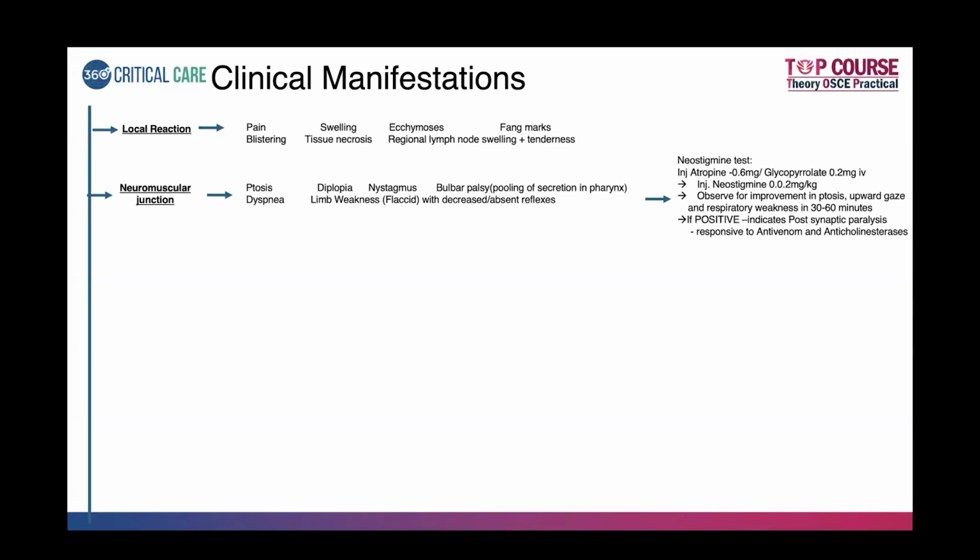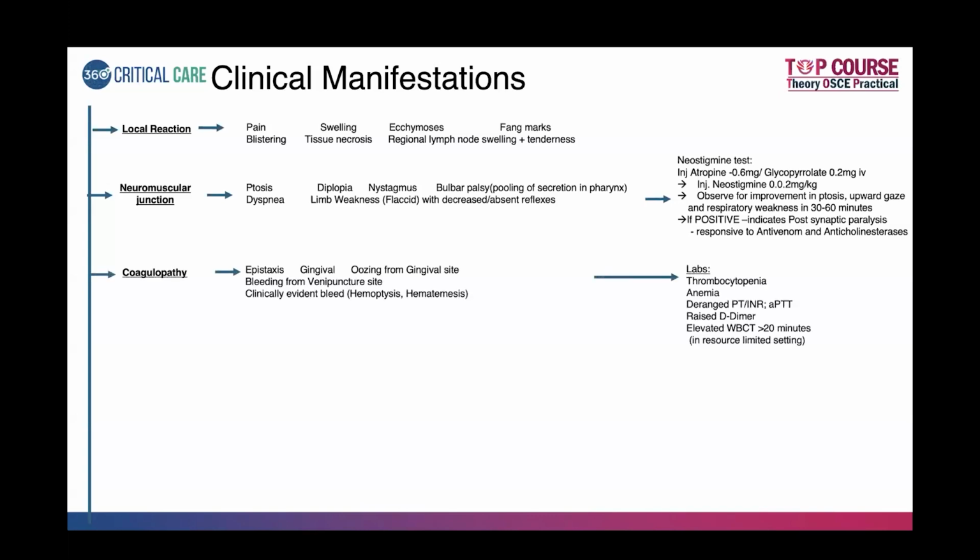Then you give neostigmine in a dose of 0.025 milligrams per kg and observe for an improvement in ptosis with an upward gaze and resolution of respiratory weakness within 30 to 60 minutes. If it is present, then it is likely to be a postsynaptic paralysis, which will be responsive to anti-snake venom and anticholinesterases.